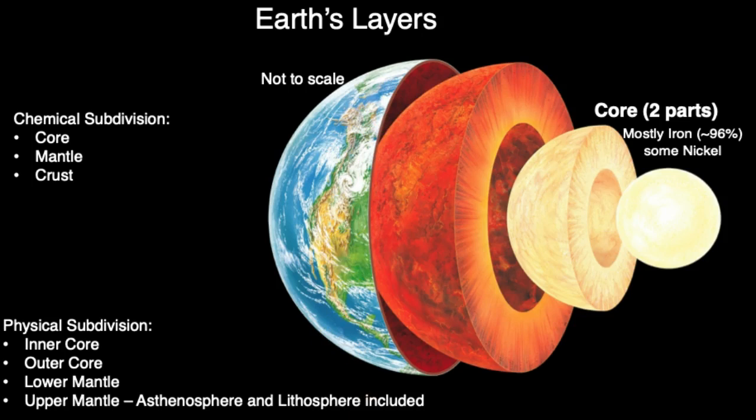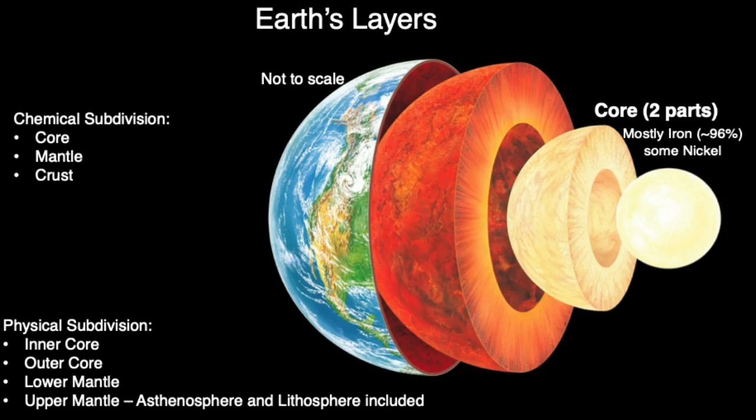But there are also physical properties that make us subdivide the interior of the Earth into layers which possess different physical characteristics, such as checking if they are liquid or solid, even though they may have the same chemical composition. So that separates them physically. Or how weak or strong a layer is relative to the next layer. Those make them different in the physical subdivision, but not necessarily in the chemical one.